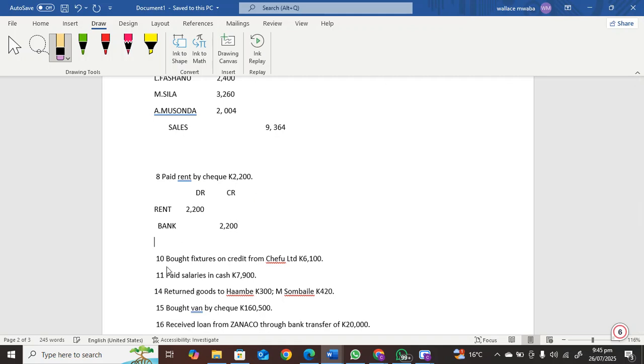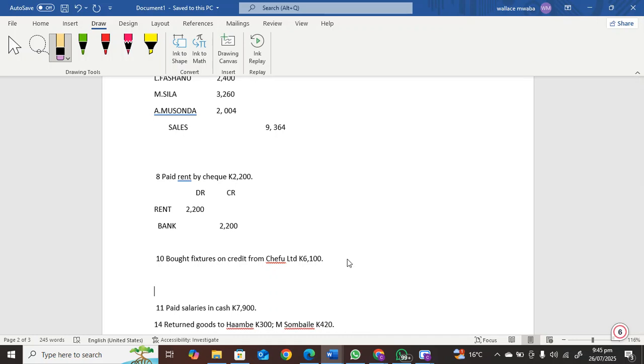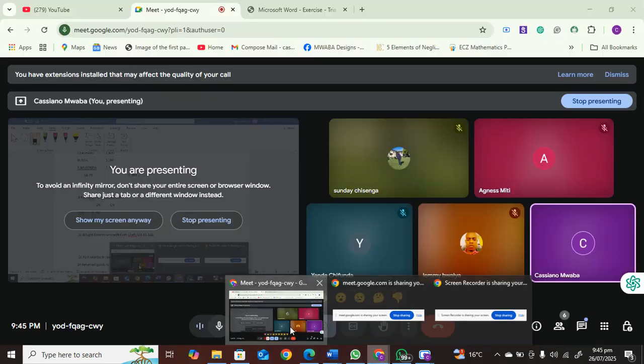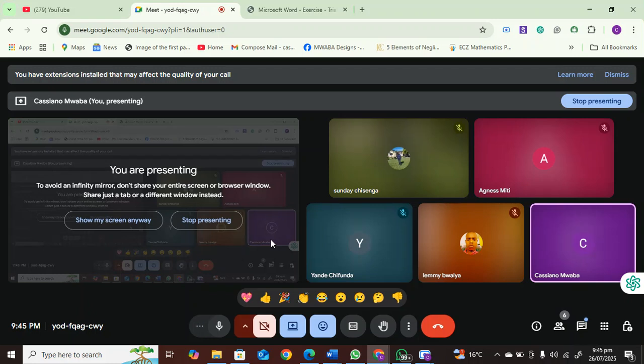All right. The next transaction: bought fixtures on credit from Shefu Limited. So before I interject, what type of transaction is this, colleagues? Remember, give it a try.